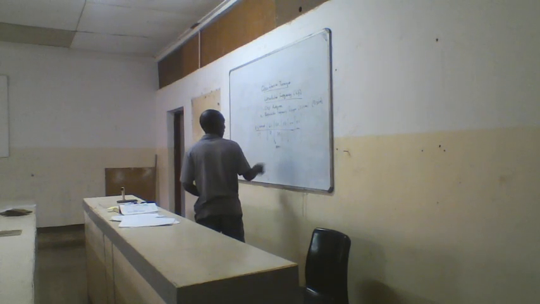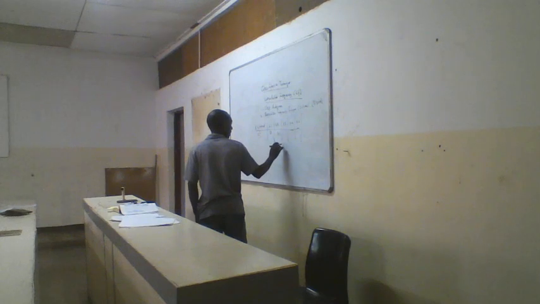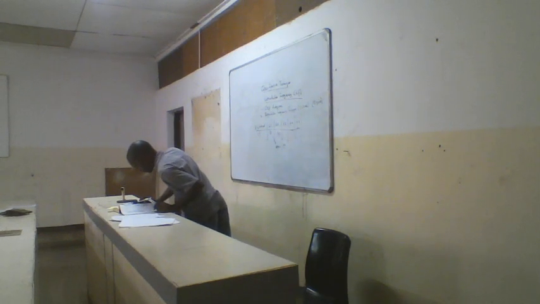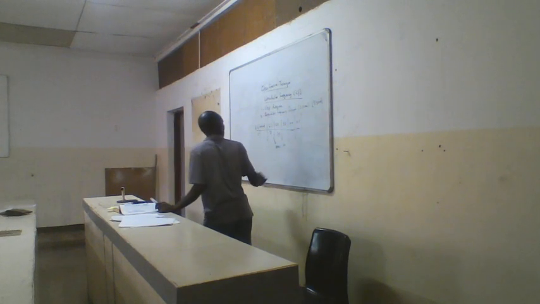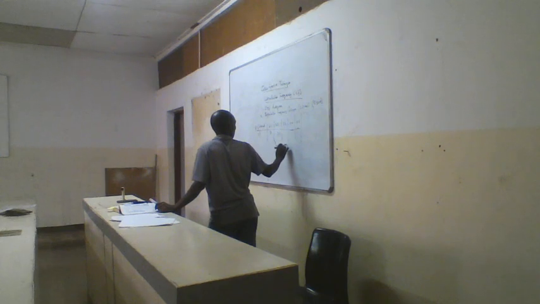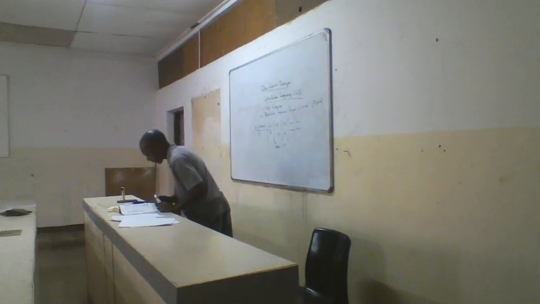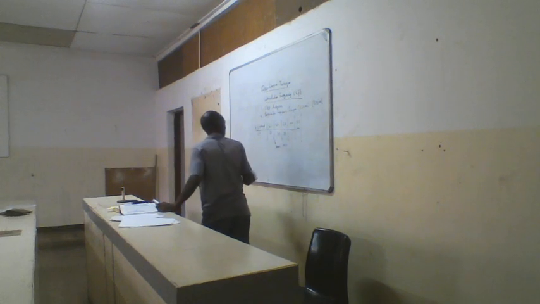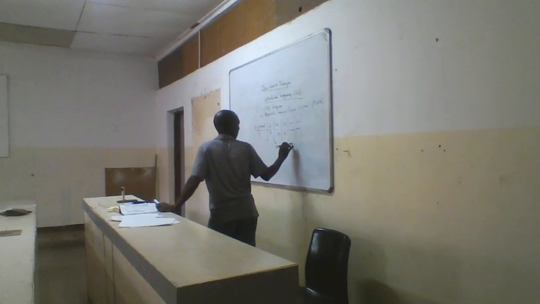For the next one, it is 75 plus 13, which is 88. For the other one, it is 88 plus 6, which is 94.